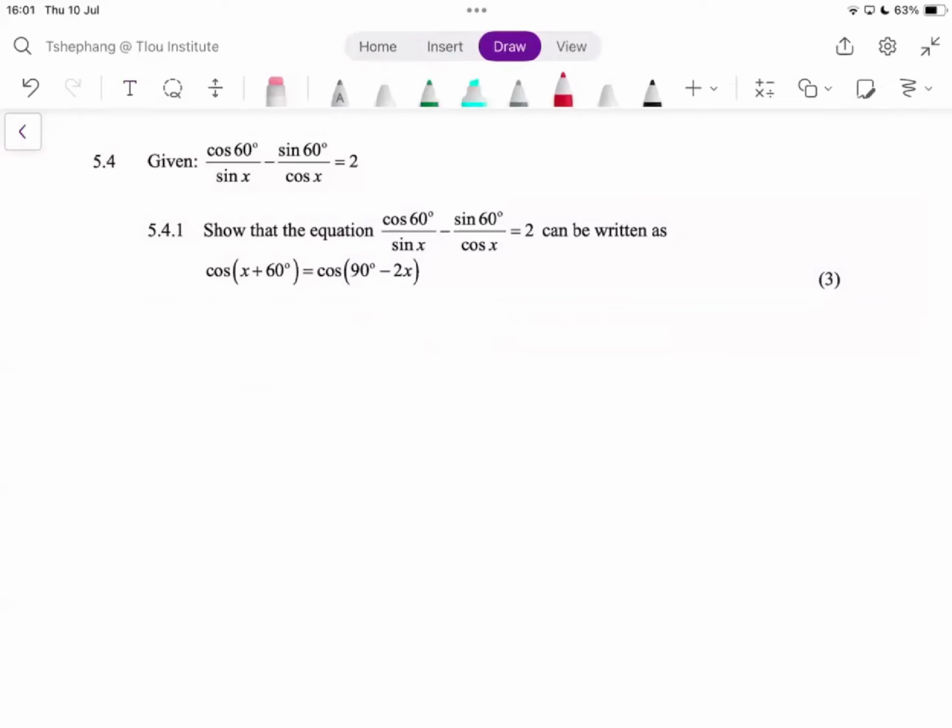Show that that equation can be written as cos of x plus 60 is equal to cos of 90 minus 2x. So we need to manipulate this whole thing until we get it to become this. So check what I'm going to do.